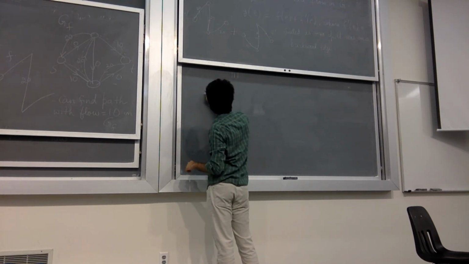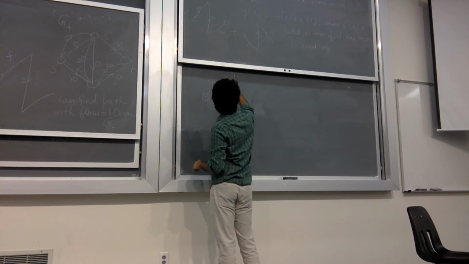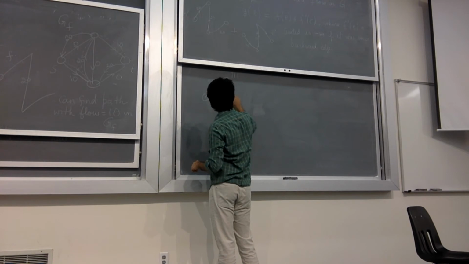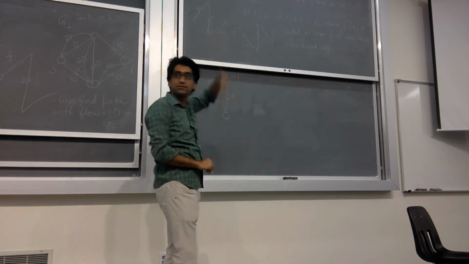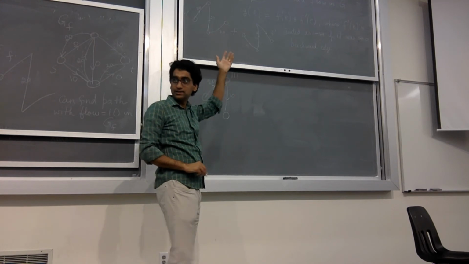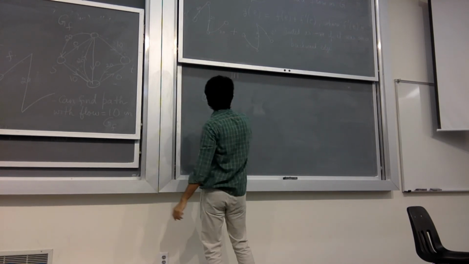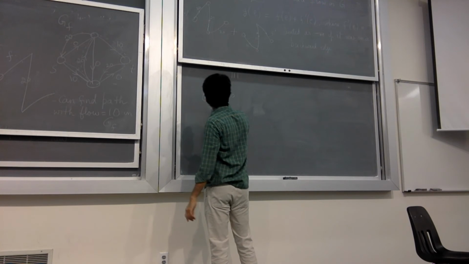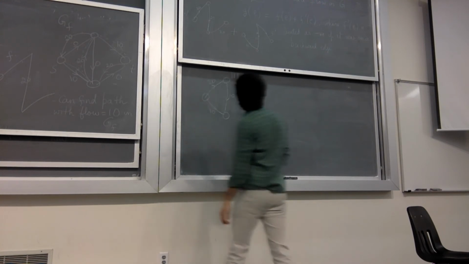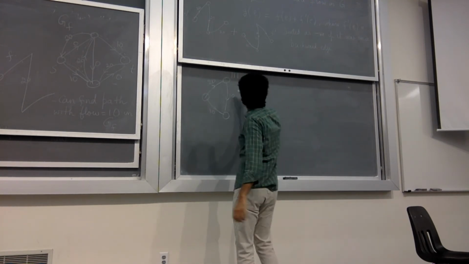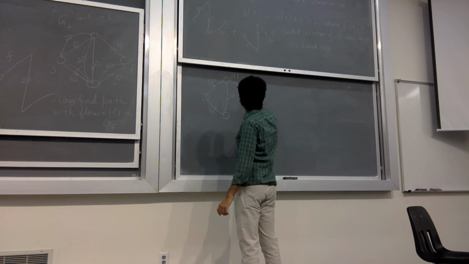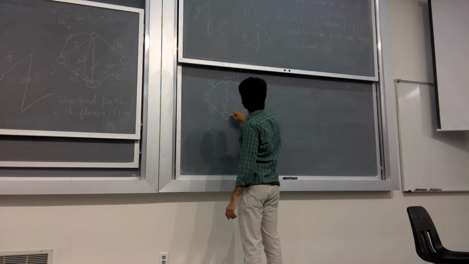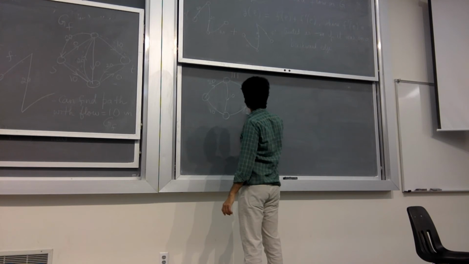You get 20 here, and you have only 10 going down, because there was a 20 going down and there was a 10 going up. So you kind of add these together. Okay? And then there was a 10 here, and there was a 10 here, and there's a 20.